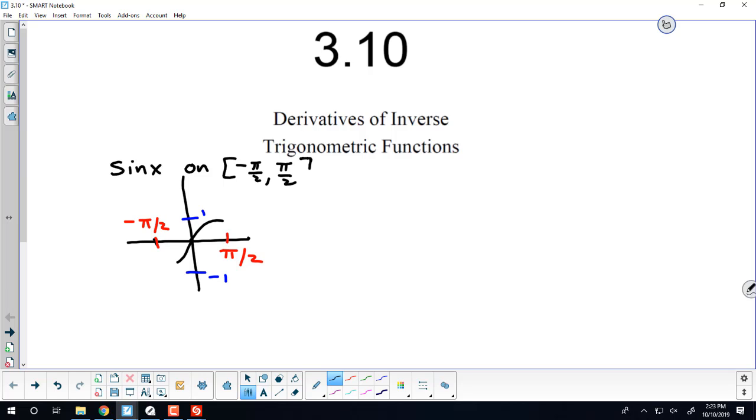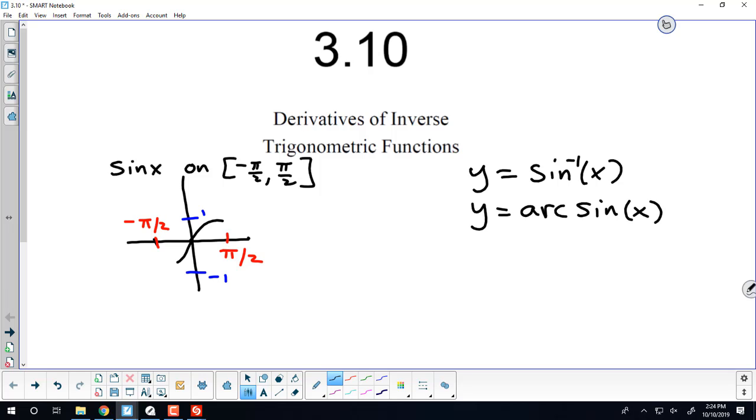I'll end up erasing all of this. Hopefully some of it you remember. So then when I looked at the inverse sine, or sometimes people like to use arc sine, the domain of the sine function, y = sine of x, becomes the range for inverse sine.